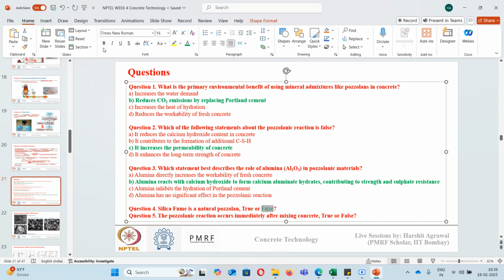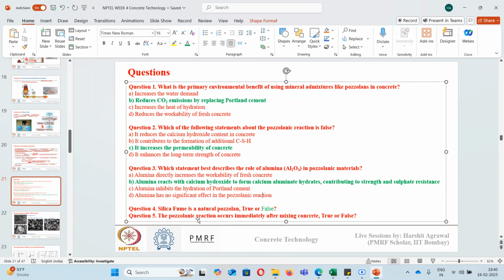Natural pozzolans are materials which occur naturally, like volcanic ash and pumice. They possess pozzolanic property. Whereas artificial pozzolans like silica fume, fly ash, and blast furnace slag are industrial byproducts which exhibit pozzolanic behavior when used in concrete. So that's the difference between a natural pozzolan and an artificial pozzolan.